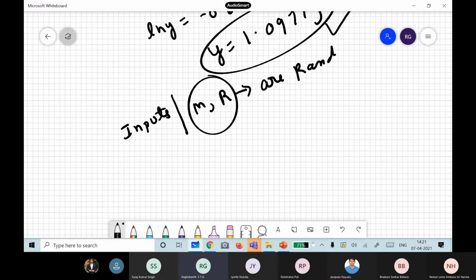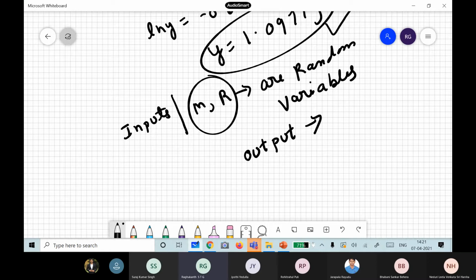They are all random quantities because of the future. So when the inputs are random, what will be the output? If magnitude is random and distance is random, the output is also random. The random variables will be there.